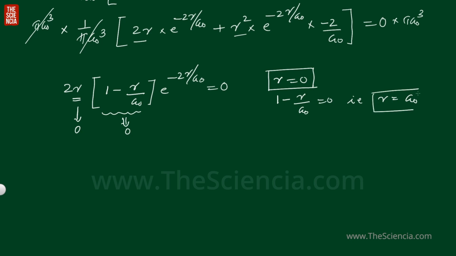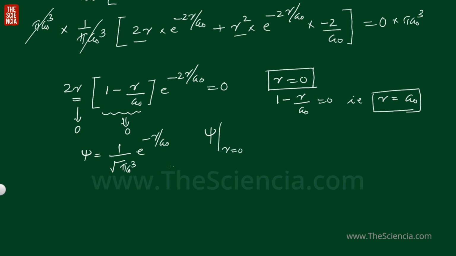One is r equal to 0 and other is r equal to a0. Now we have to find out the corresponding wave function at these locations. That is, given wave function psi is equal to 1 by root pi a0 cube e raised to minus r by a0. Now we have to find out the wave function at r equal to 0.